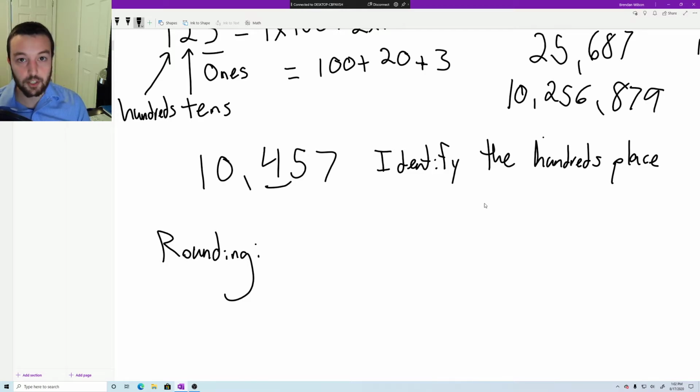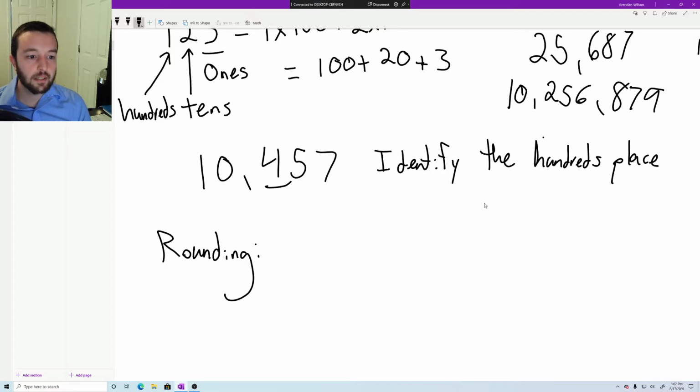If we're talking about how much a car is, for example, if a car was $10,457, maybe say we only have a couple $100, then we might think of the car as just being around $10,000 because we don't have anywhere close to that amount of money anyway, so why bother being more precise than that? We're so far away as it is.